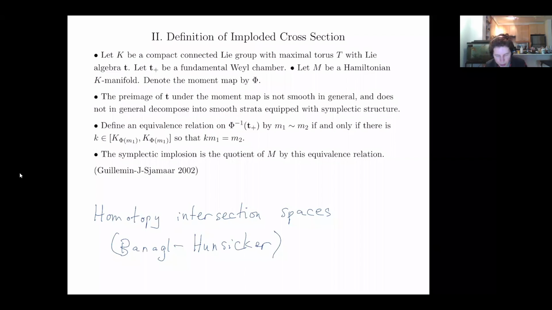Okay, so let me go over the definition of the imploded cross-section. Again, K is a compact connected Lie group, the maximal torus is T, the Lie algebra is boldface T. And let T plus be the fundamental Weyl chamber.